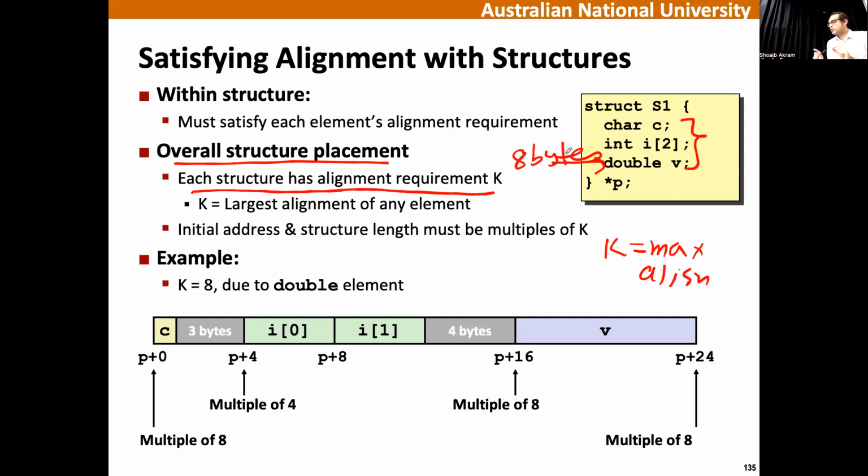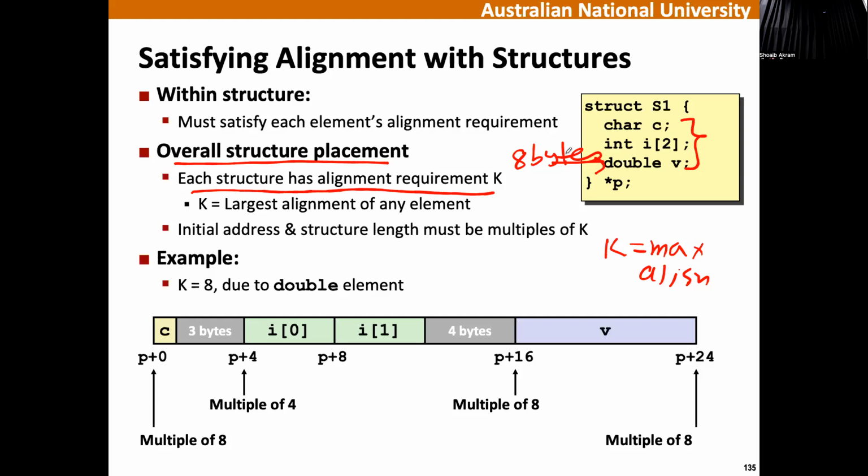So this struct S1 should be placed in memory at a starting address that is a multiple of 8, and its length should be a multiple of 8. Why is that? Because when we have arrays of structs, we need to satisfy the alignment requirements of each member of the struct. And the only way we can do that is by ensuring that the largest alignment requirement across all the members in the struct is met.